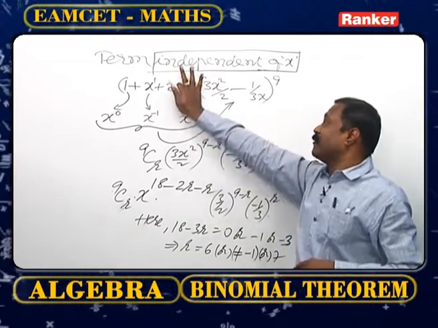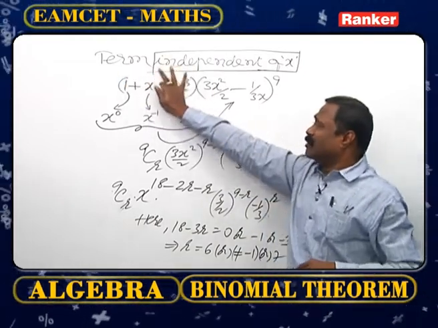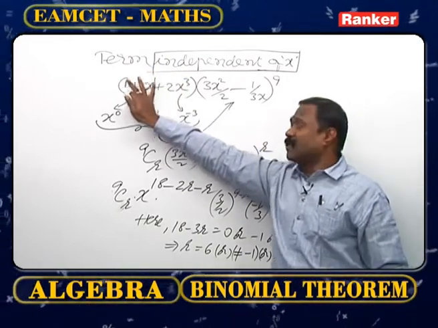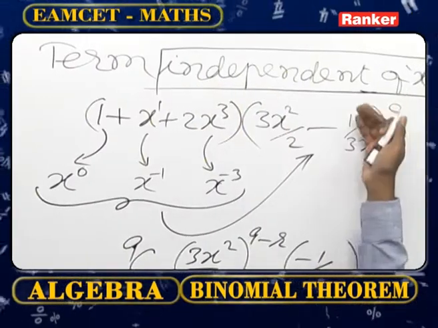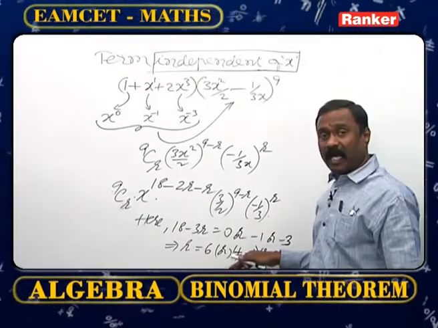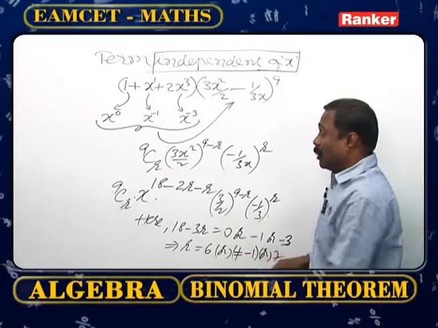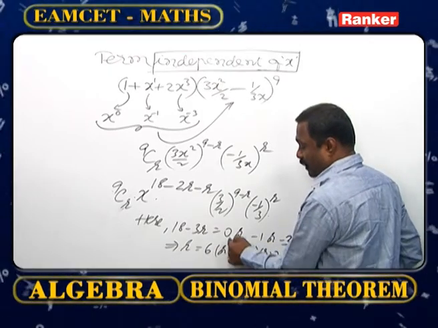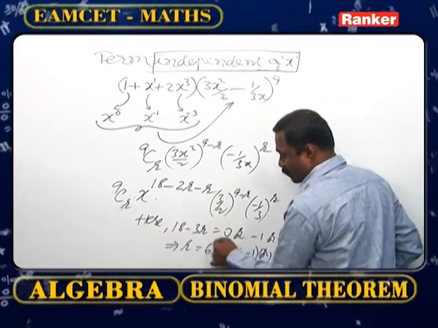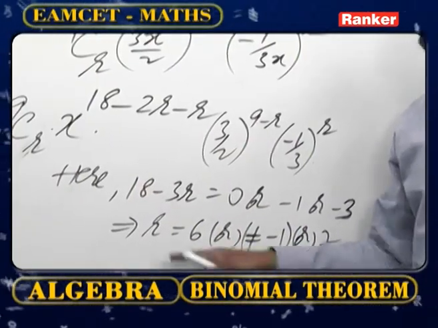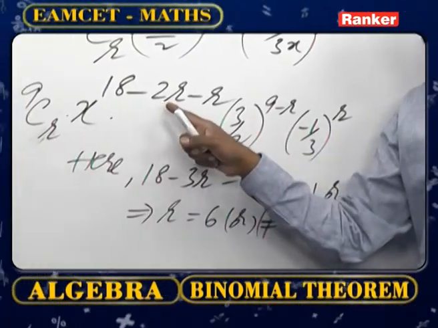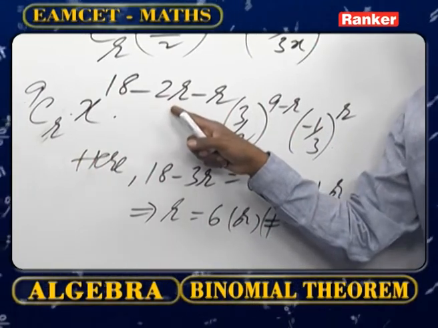If it is given individually, without this coefficient here, this is the procedure to find the term independent of x: equate it to 0. If it is equated to 0, what happens? r is equal to 6. If you put r is equal to 6 here, you can check it out. 2 into 6, 12.